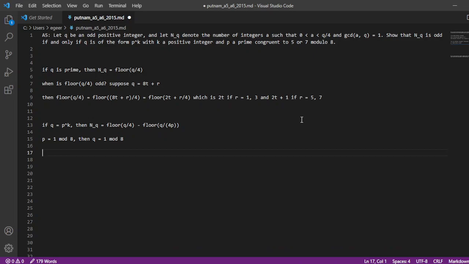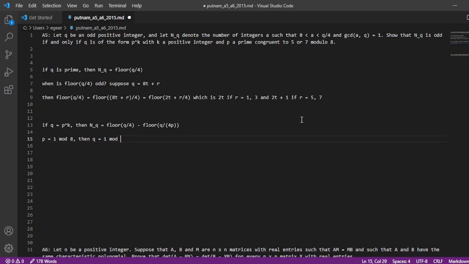And in this case, floor Q over 4 is odd. Well, 1 mod 8 divided by 1 mod 8 is still going to be 1 mod 8, so it's odd, so NQ is even.